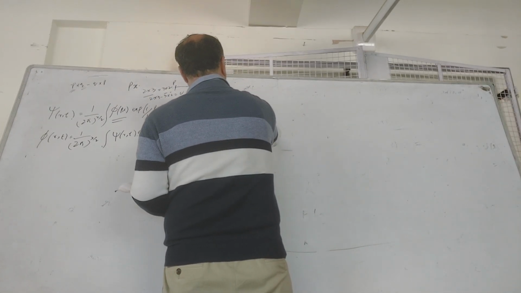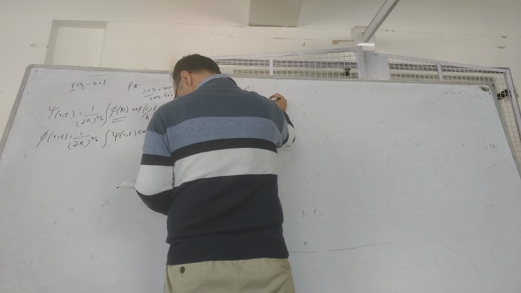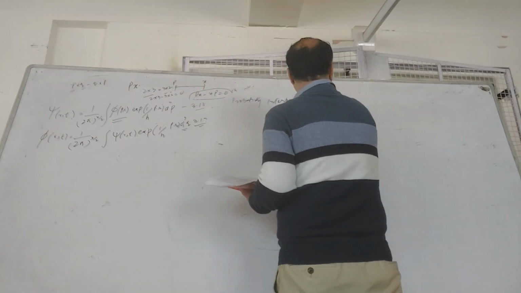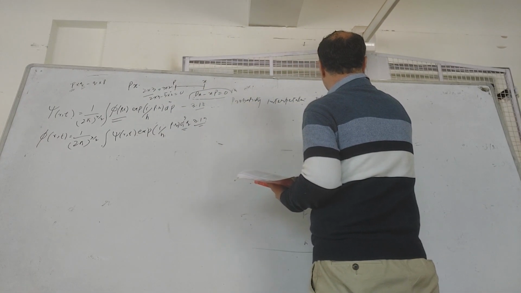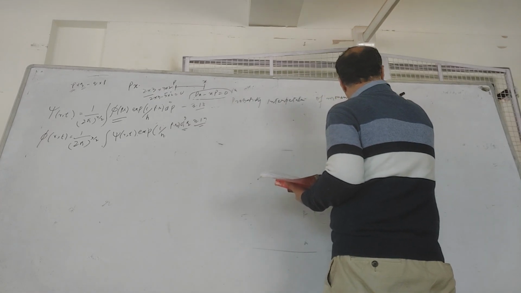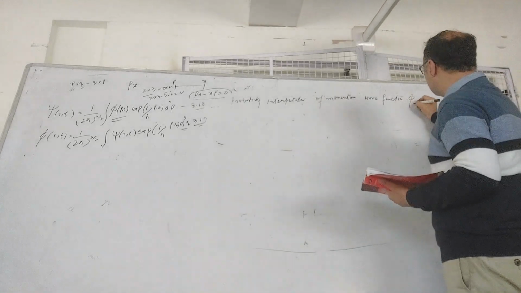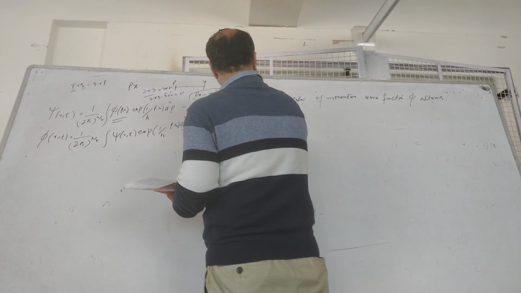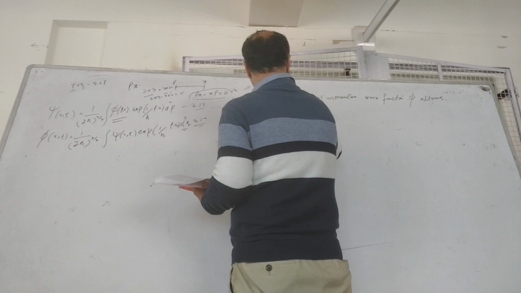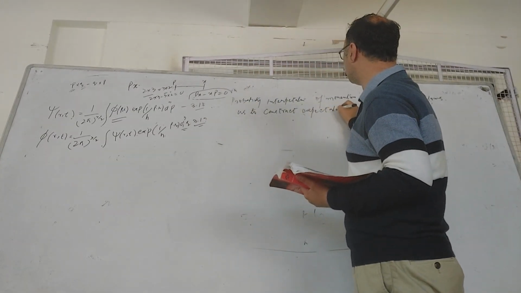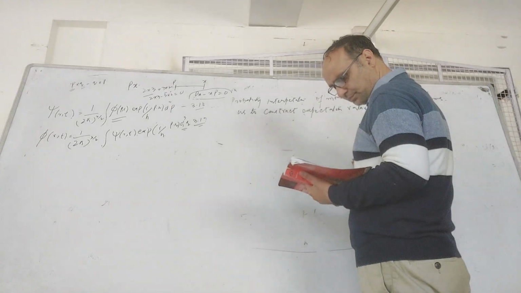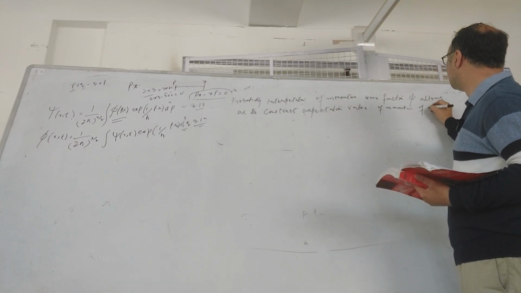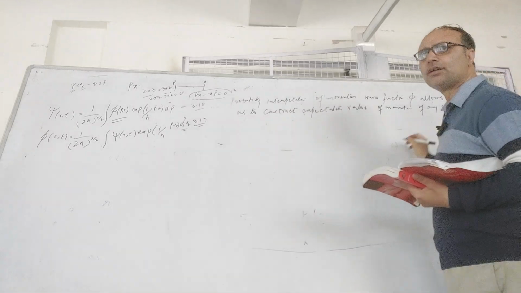So the probability interpretation of momentum wave function phi allows us to construct expectation value of momentum space, of momentum, of any state psi or phi.